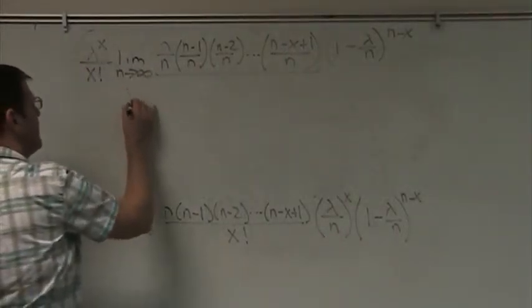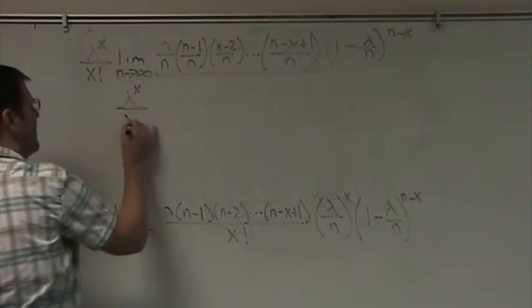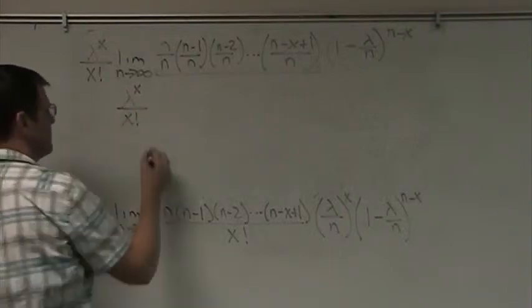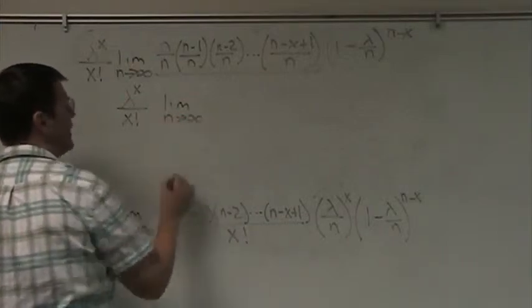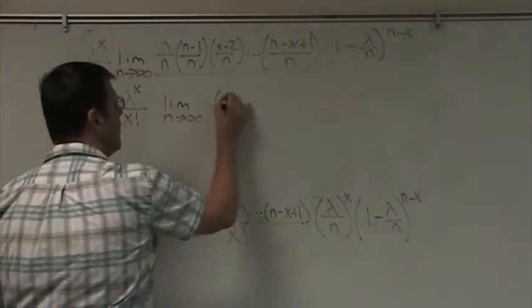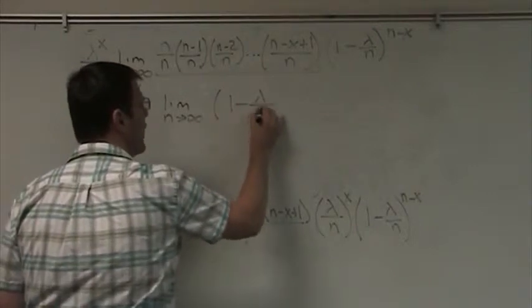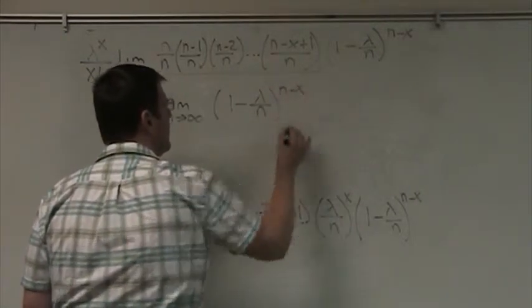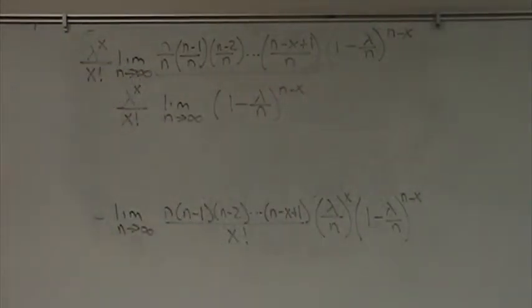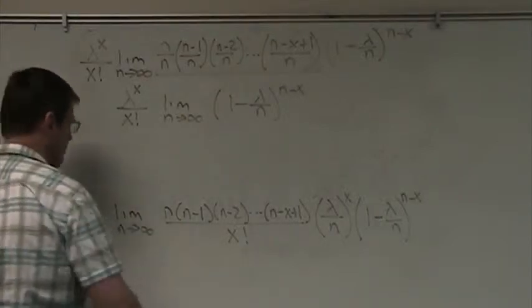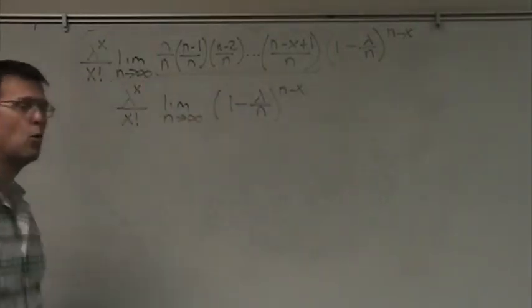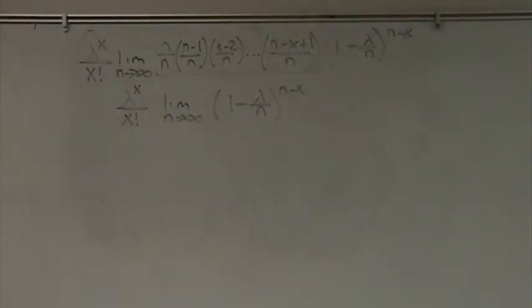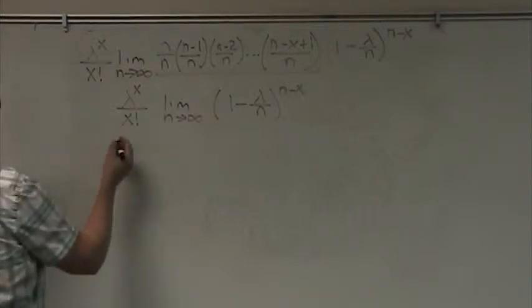So effectively at this point we've got lambda to the x over x factorial times the limit as n goes to infinity of 1 minus lambda over n to the n minus x. We're almost there.